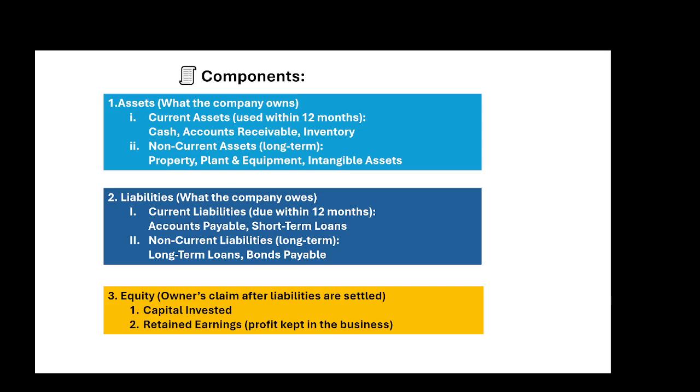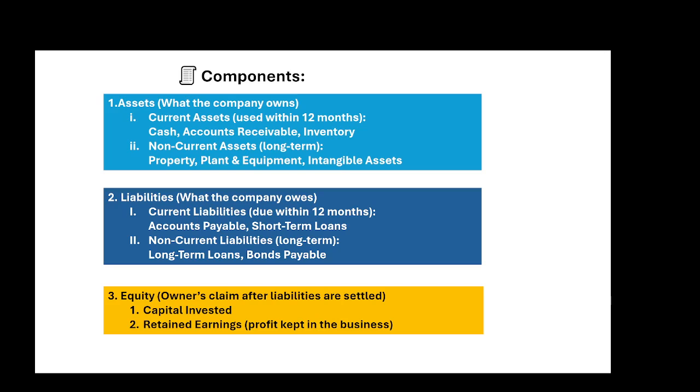The second one is your liabilities. That is what you are owing third parties, what you owe. The first part is current liabilities, which are liabilities due within 12 months.